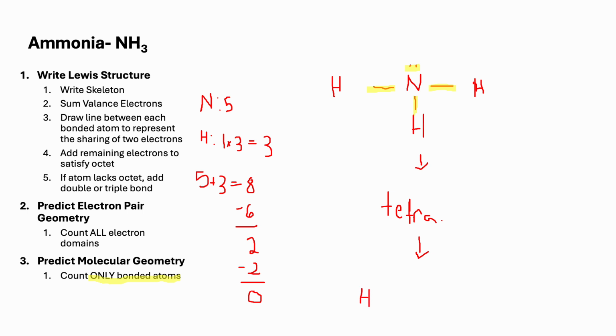So when we draw out ammonia, sorry, I should have drawn N up here, H, that H is looking wonky. It is going to have a bent flavor to it.